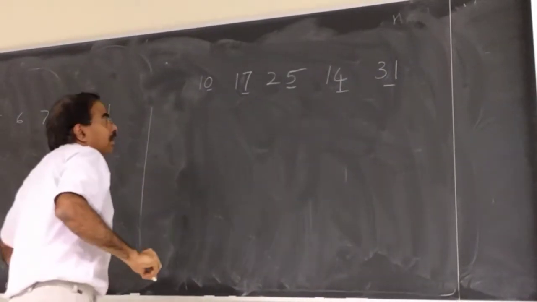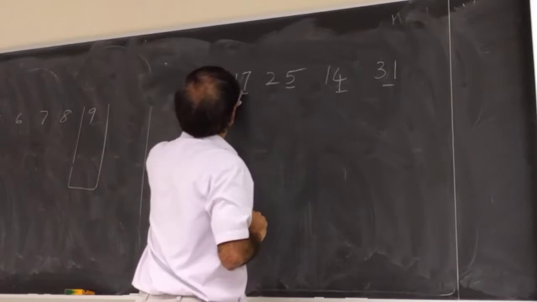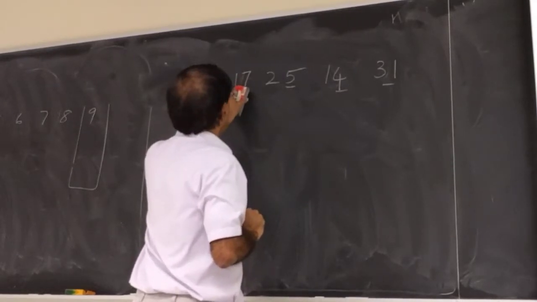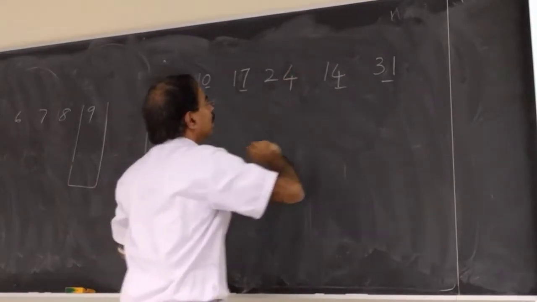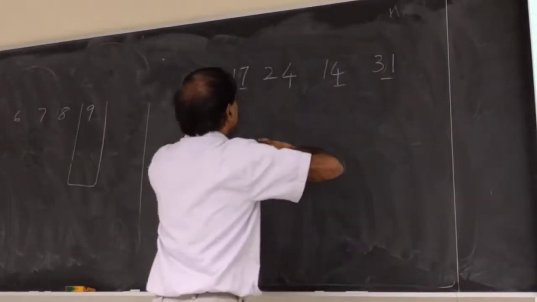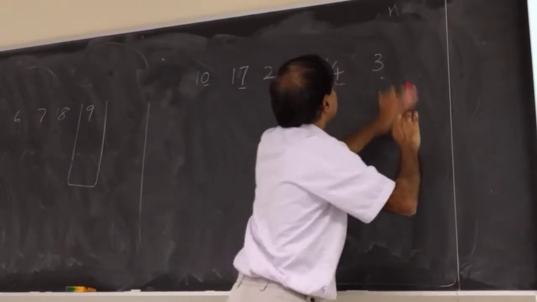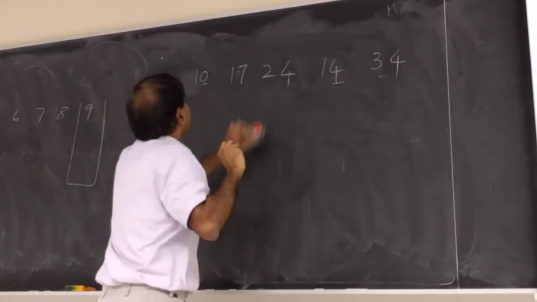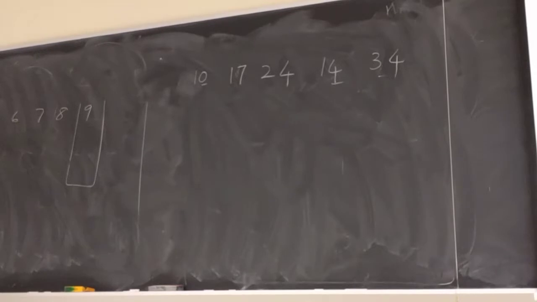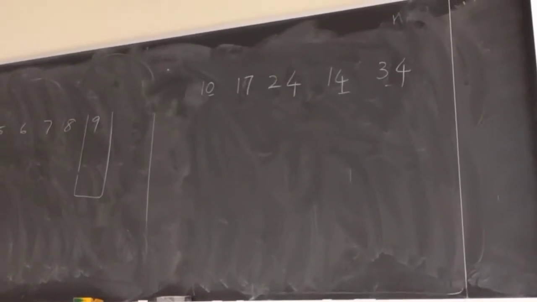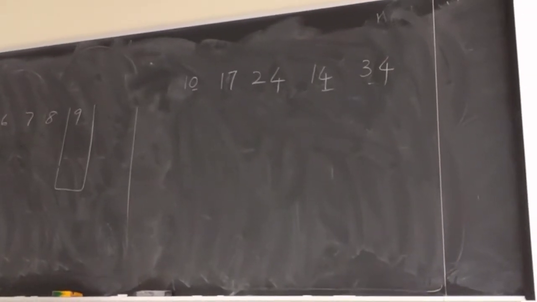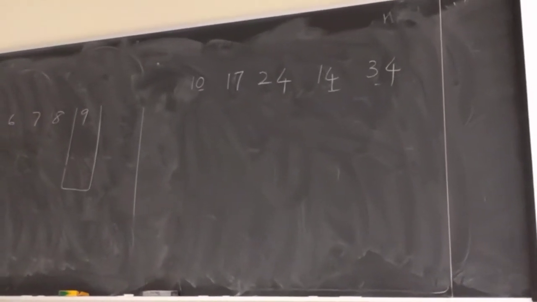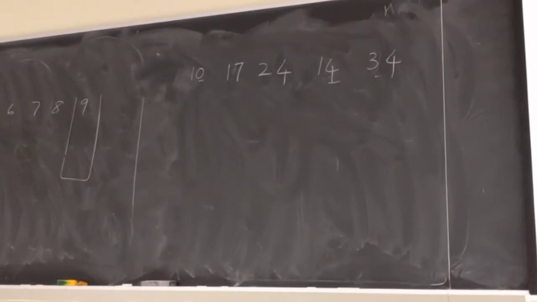Well, this is not a very good example. Let's change 24. So LSD sorting, we are going to look at the least significant digit and put them into the right bucket. So we have 0, so 10 goes into that bucket.